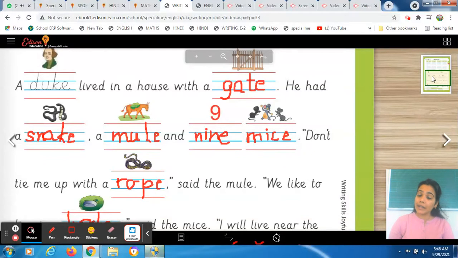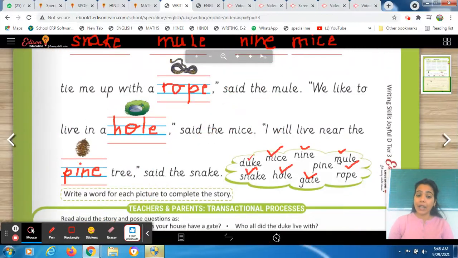Then another pet, the snake, said, I will live near the pine tree. मैं pine tree के पास रहता हूँ. That is your story, students. You have to complete it first and then read it properly and come to understand the meaning. So this is your today task. It's completed now. If you have any doubt, any query, please feel free to ask me.